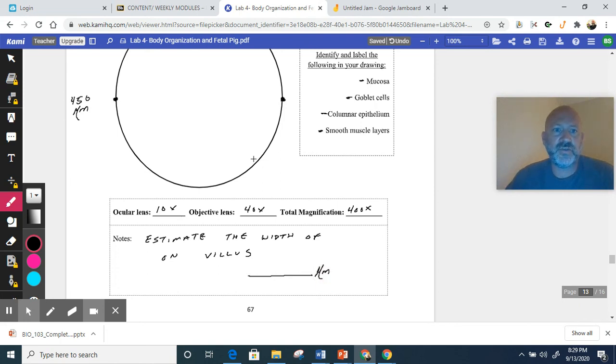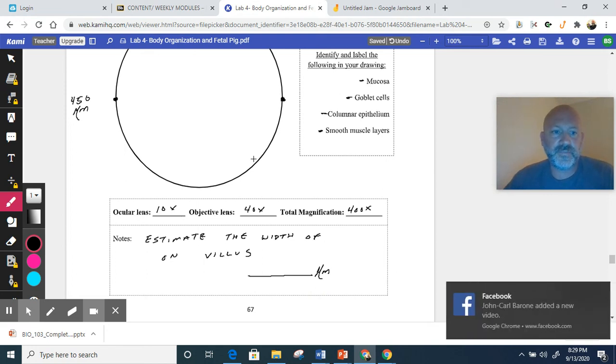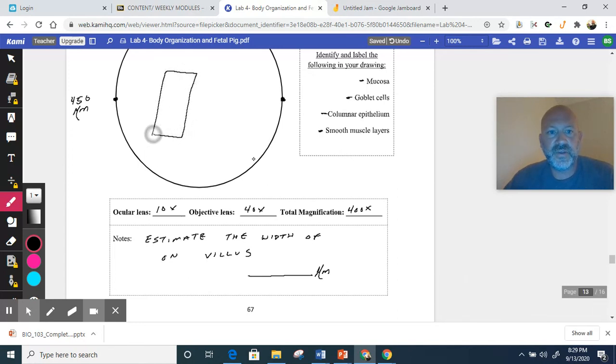So what you do is you would ask yourself, let's say I drew a villus, right? Let's say I drew something that was this thick. I'm not going to draw a villus. I'm just going to draw a rectangle. And if my teacher is asking me to estimate the thickness or the width of this rectangle, right? First thing I would do is I would ask myself, well, how many of these things can I fit going all the way across?